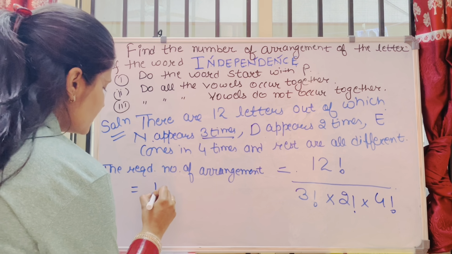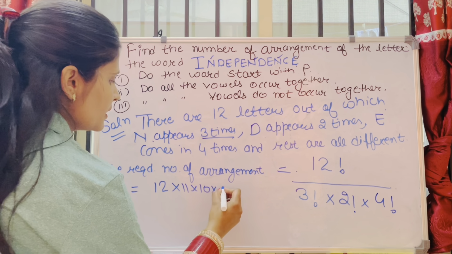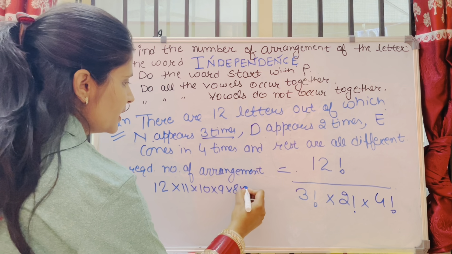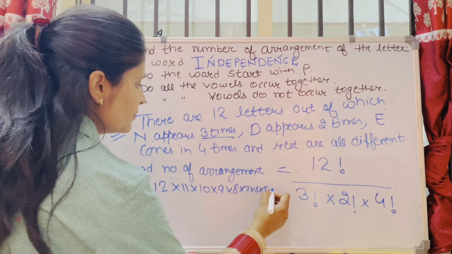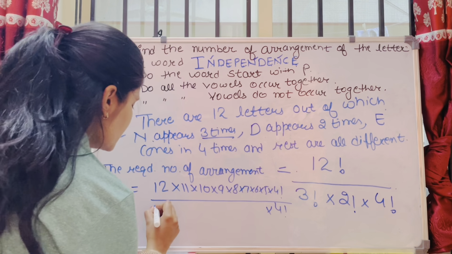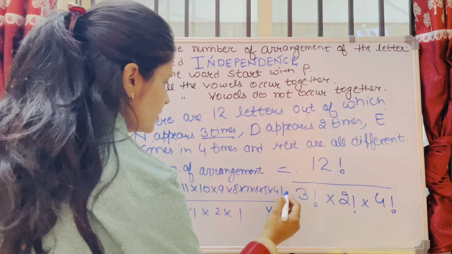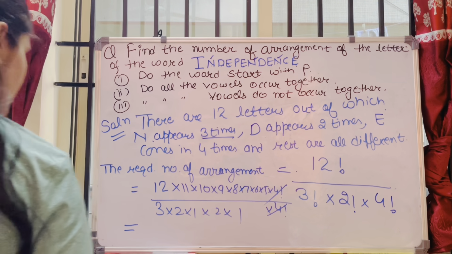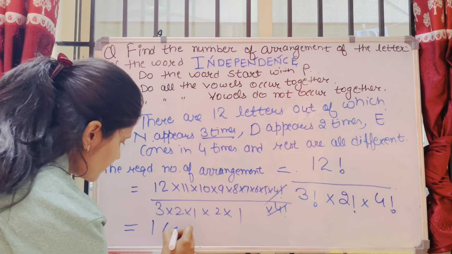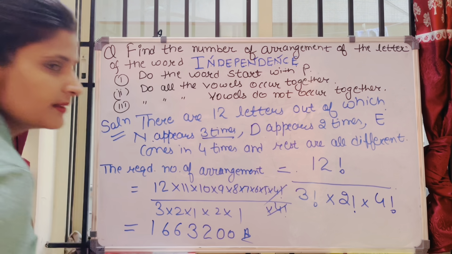So calculate it like this: 12 into 11 into 10 into 9 into 8 into 7 into 6 into 5 into 4 factorial, upon 4 factorial, 3 into 2 into 1, 2 into 1. So the answer is 166,320.